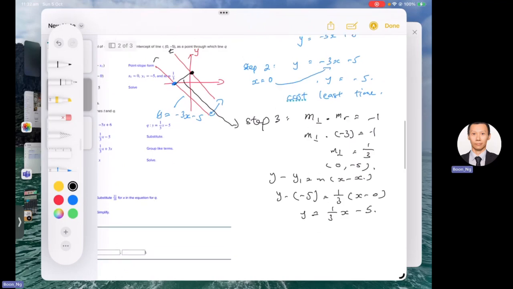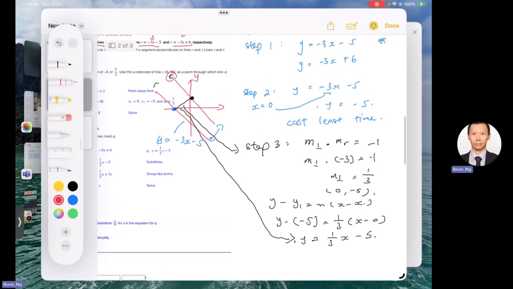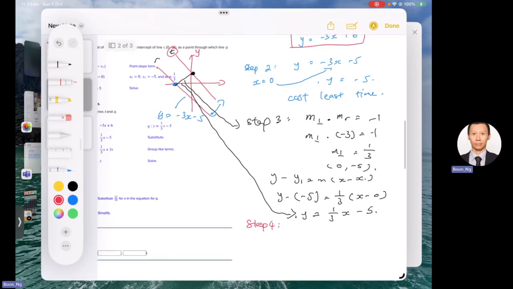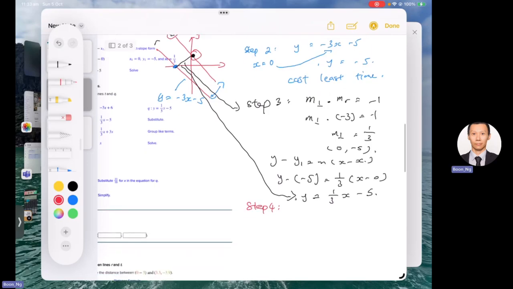So we know that this line's equation is this one, and line t's equation is given on this one. So step 4 would be to look for this coordinate by using two equations.